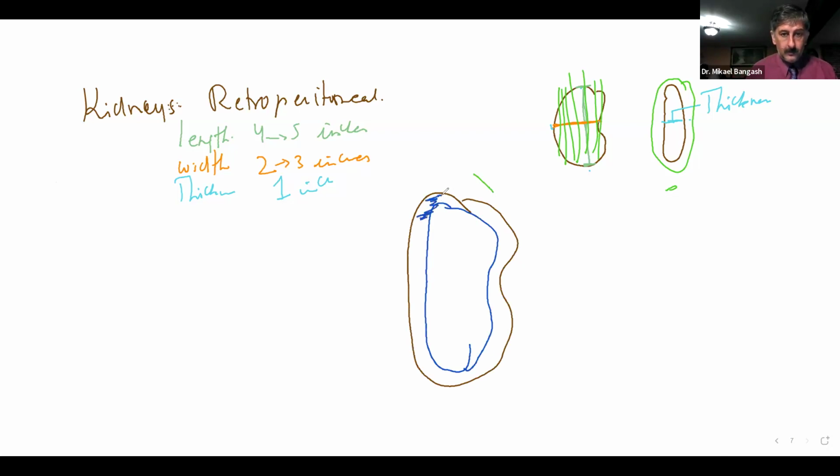There's this outer layer of the kidney that we'll call the cortex.